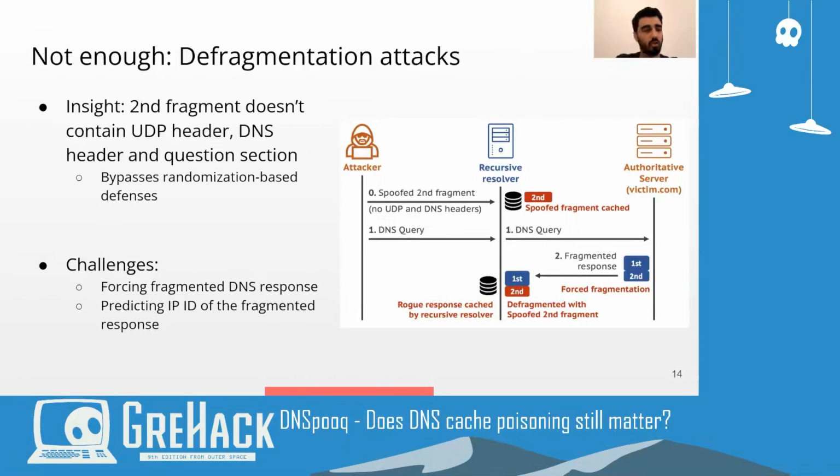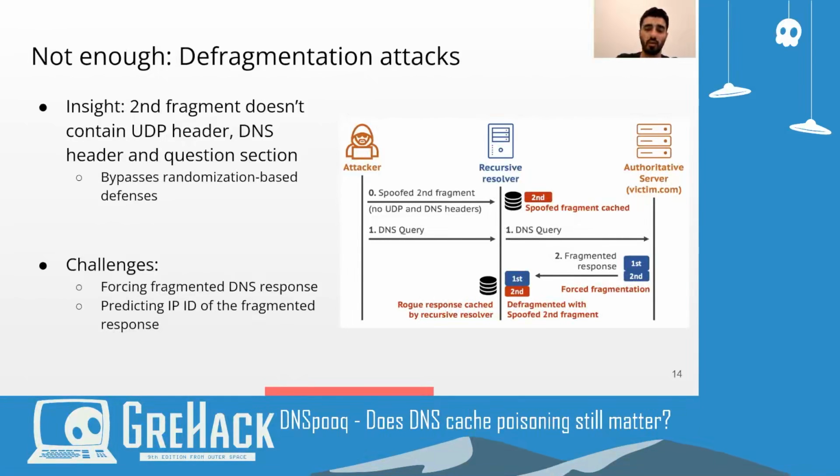So what the attacker could do to exploit this situation and take advantage of it is send ahead of time a spoofed second fragment to be cached by the recursive resolver, waiting for the first fragment to arrive. Then it issues a DNS query that will force a fragmented DNS response from the authoritative server.